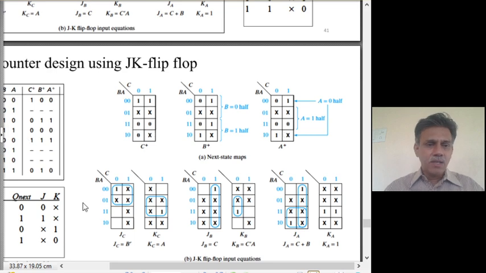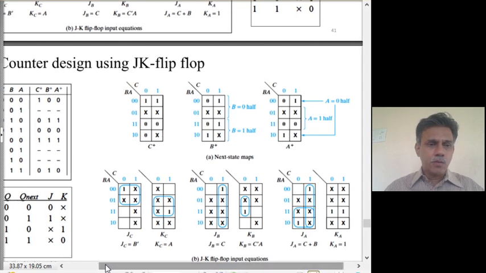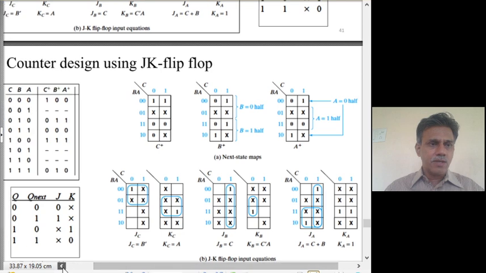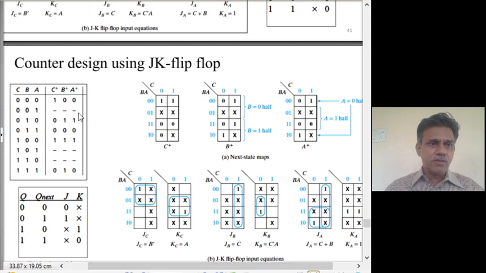This is very easy. You have to just make use of this and then write it out. So conveniently we put C to span the horizontal axis, AB on the vertical axis. So this is the first row, first column followed by second column, but reading out we have to do it in an appropriate manner. That is, the fourth and third have to be switched.